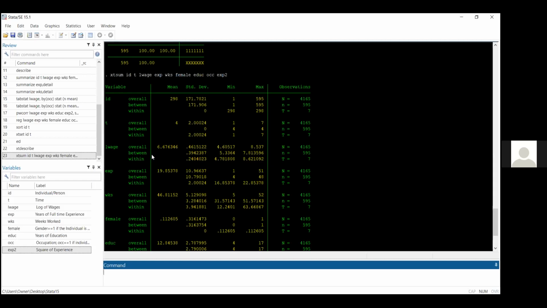For between, you are holding time constant and observing the cross-sectional units, which are individuals here. For within, you are observing a person or an individual over time. What do I mean here?